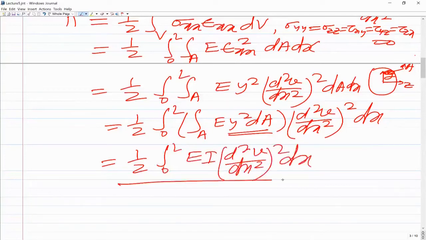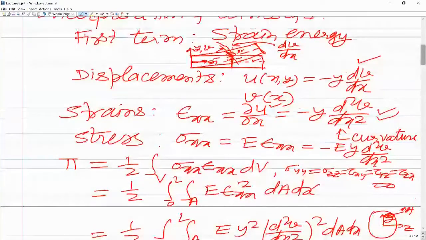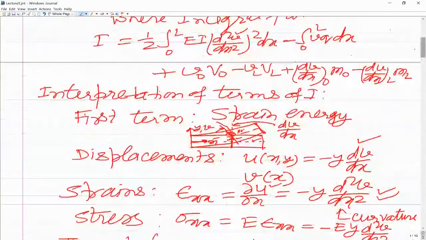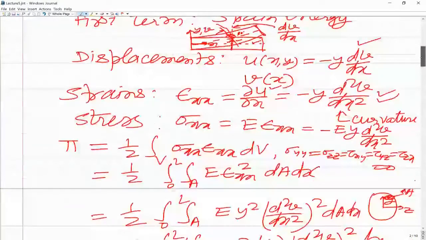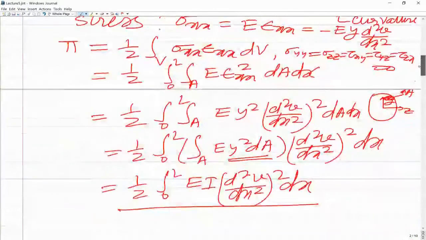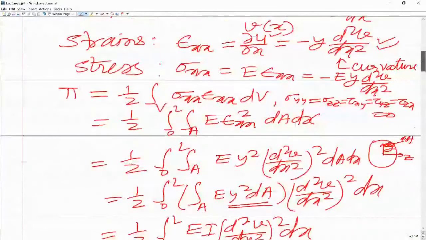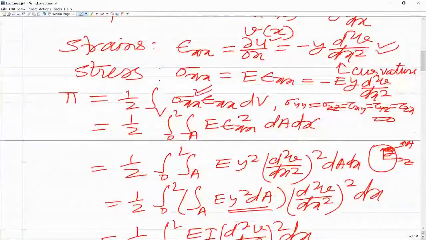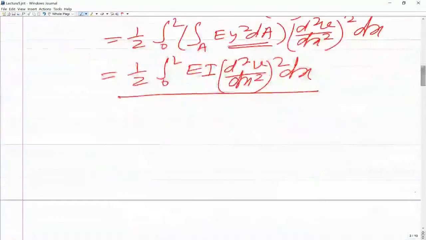So this is exactly what we got over here, the integral functional when we arrived from the differential equation. So you can say that it is nothing but actually exactly the strain energy. So strain energy we have written from here, this expression. So yeah, that's the first term.